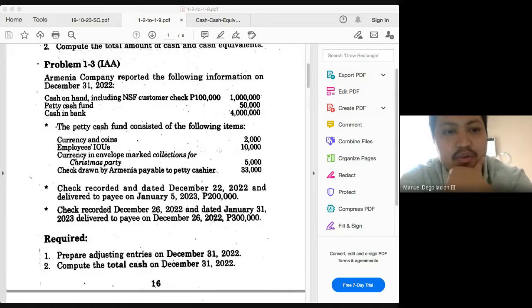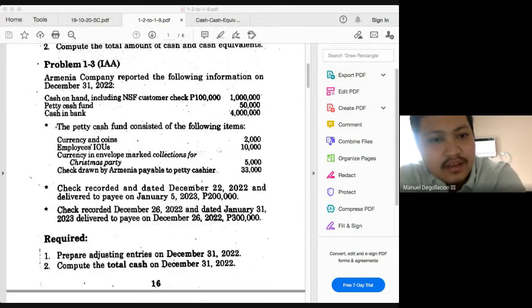The employees' IOUs would represent a receivable, while the currency in the envelope marked collections for Christmas party is obviously not for the entity and will have to be reclassified. So normally students would start with the 50,000, deduct the 10,000 employees' IOUs, and deduct the 5,000 collections for Christmas party. And that's how they will arrive at 35,000.